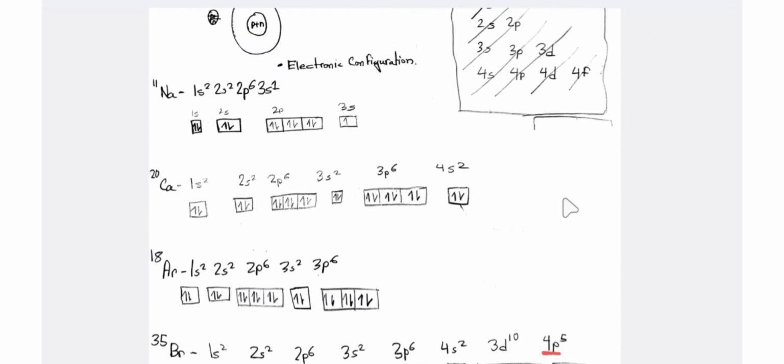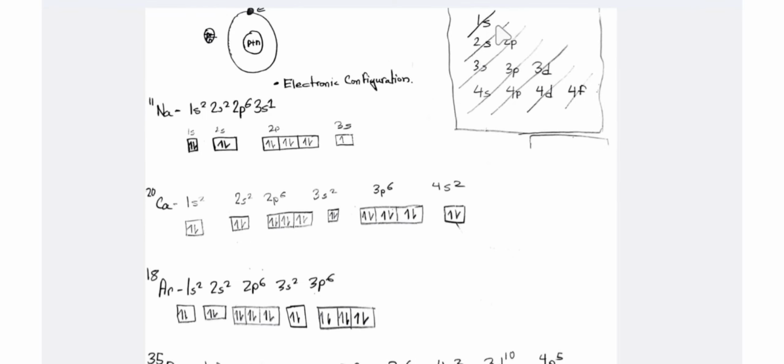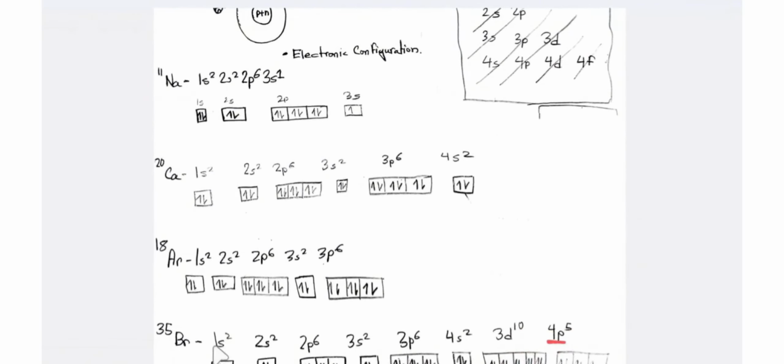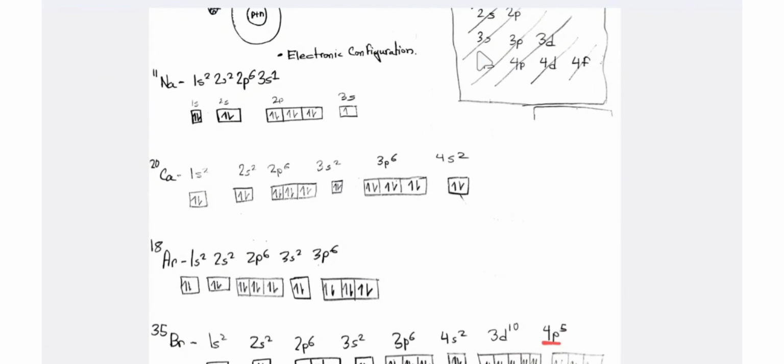Now, to determine the electron arrangement, we need to follow the sequence. That is 1s2, then 2s2, then 2p6, 3s2, then after 3s2 it is 3p6, then 4s2, and after 4s2, according to the sequence, it is 3d10, then 4p5.